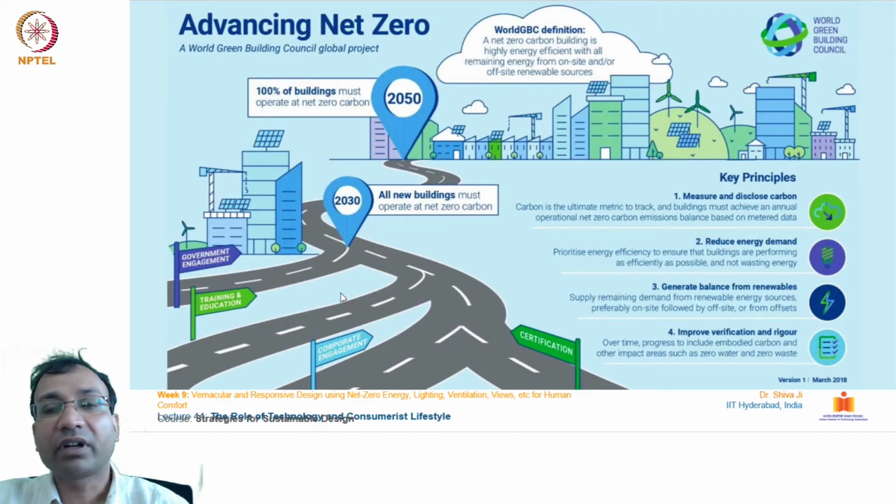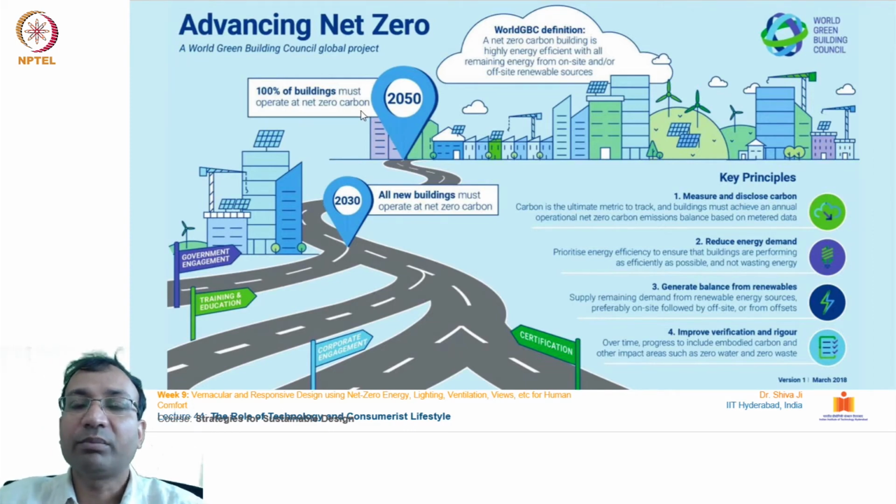The target for 2030 is that all new buildings must operate at net zero carbon, and by 2050 the target is for 100% of buildings to operate at net zero carbon. This is a very promising target for 2050, where all buildings must become net zero energy building projects.